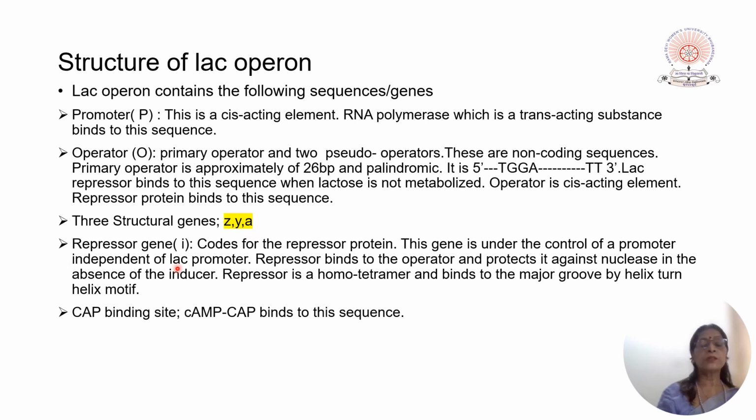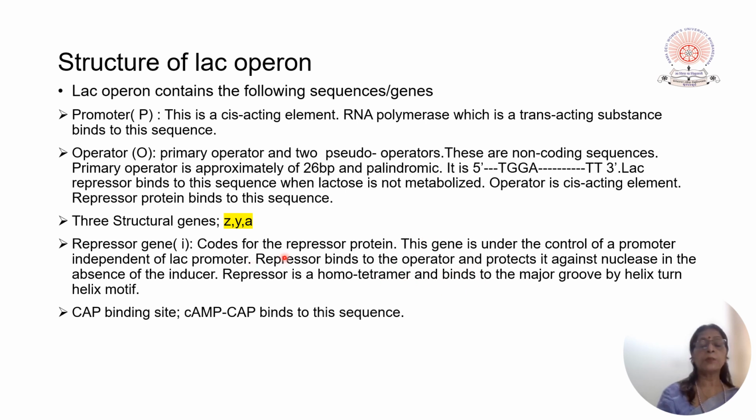The repressor gene I is under the control of an independent promoter which is different from the lac promoter, and the repressor gene undergoes constitutive expression to give rise to the repressor protein, which binds to the operator.